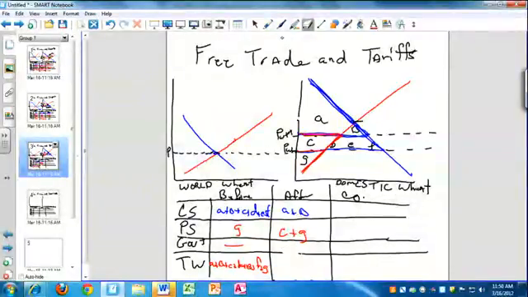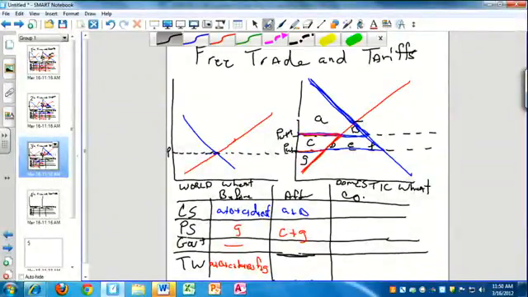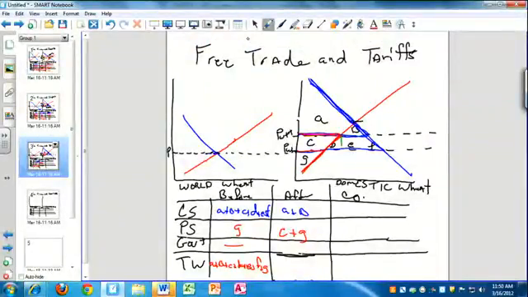What did the government do? They put a tariff in effect, which is a tax. And that tax is what? It is, in green, the difference between the price the supplier's getting, or I should say the differences in quantity here.